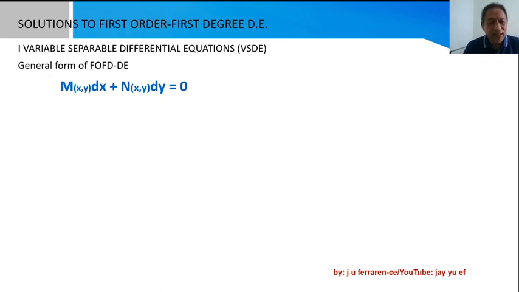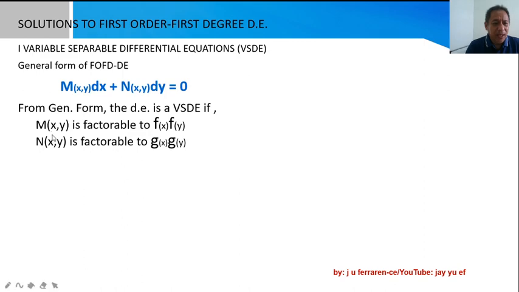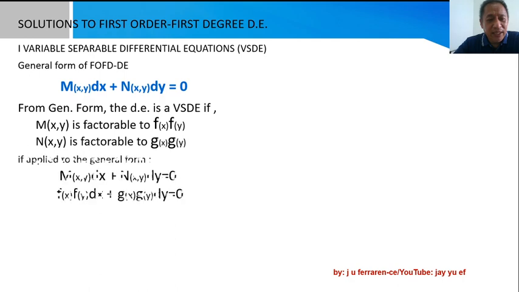It is classified as a VSDE if these coefficients of the dx and the dy are functions which can be expressed in a factored form where the factors involved are purely x and purely y functions. So it is a function in y and a function in x. It should be factorable, and the factors involved are purely x and purely y.